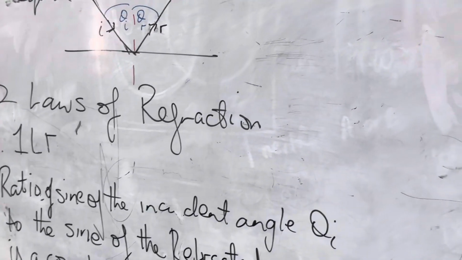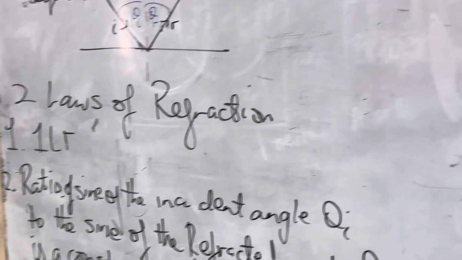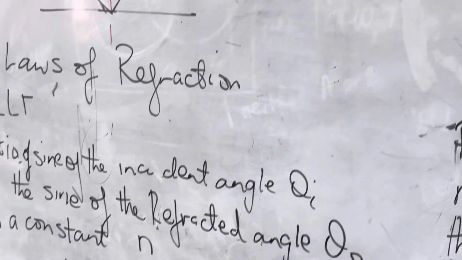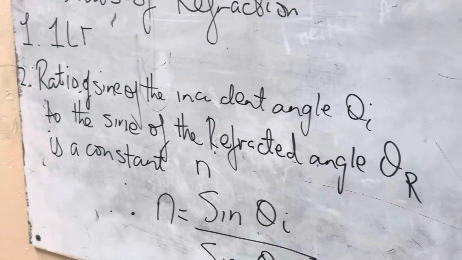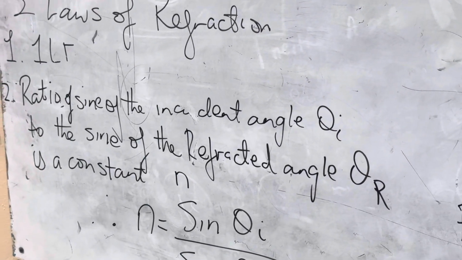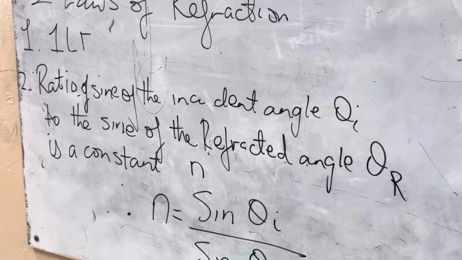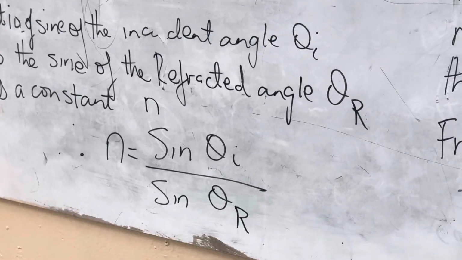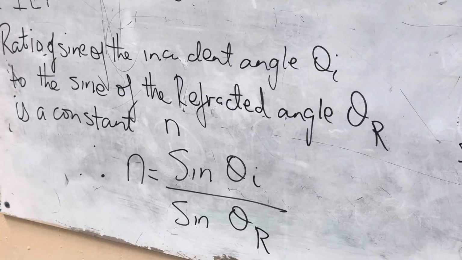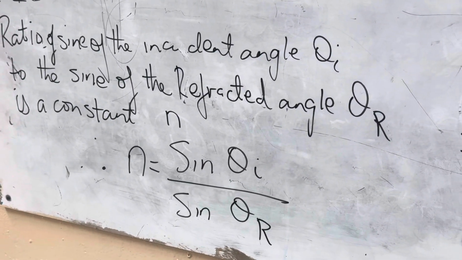So the refracted ray, and I use capital R for the refracted ray. So we have here now the ratio of sine of the incident angle to the sine of the refracted angle, theta R, is a constant n. Therefore, n, which is the constant, is equal to sine of theta I divided by sine of theta R.